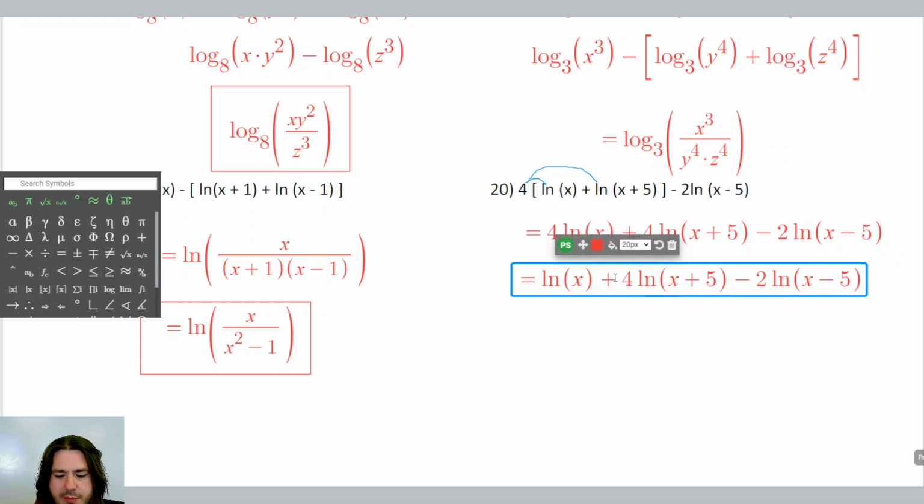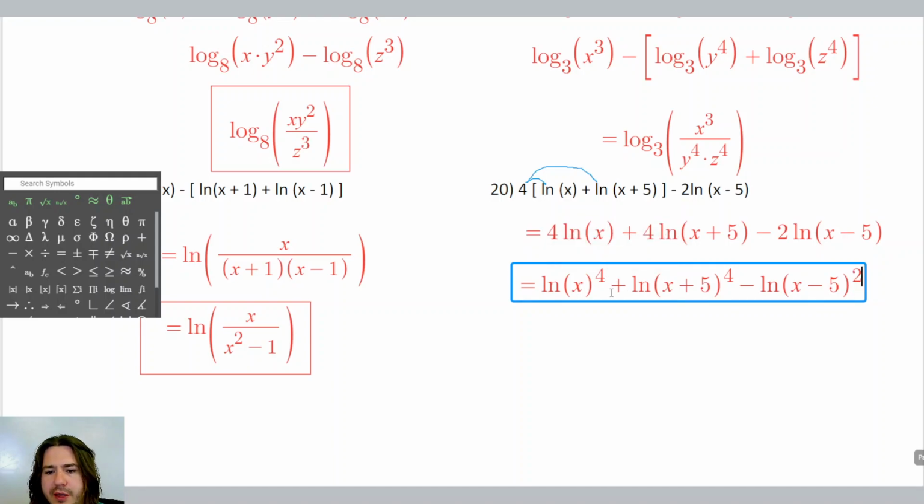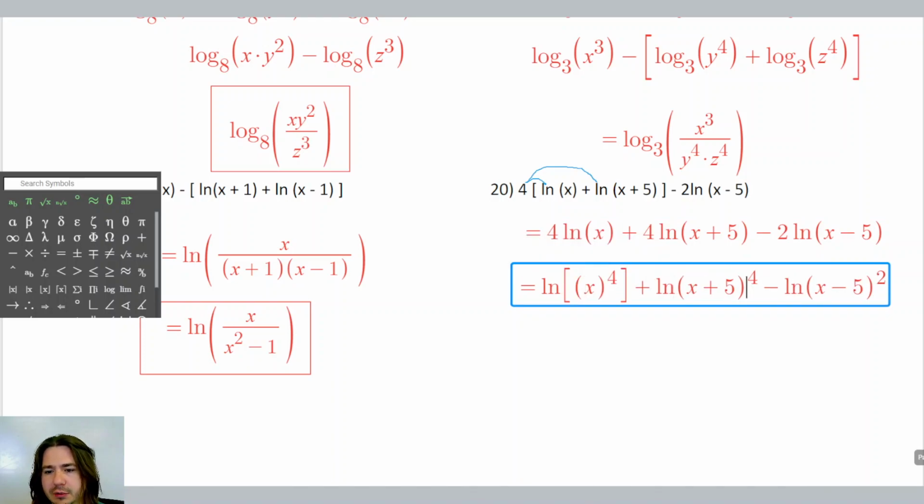Oh, you know what? I can just type it. So to the 4th power, to the 4th power, and this one will be squared. Okay, so now I can use the product property here, and there are some implied grouping symbols here. If you really want to put them in there, you can. You don't really need to, but it can help clarify your argument.